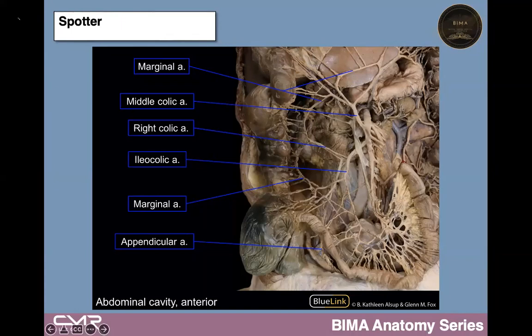Okay, the marginal artery. So the marginal artery, or the marginal artery of Drummond, however you want to say it, is a blood vessel which forms a major network between the superior and the inferior mesenteric arteries. It is a collateral blood supply.